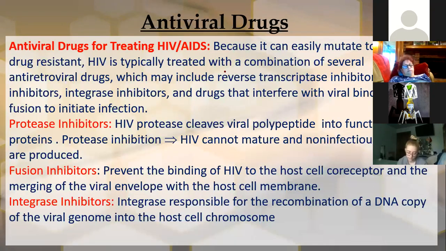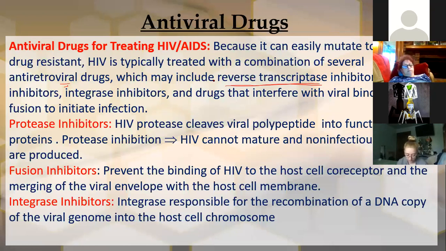Now, antiviral drugs for treating HIV/AIDS, because the virus can easily mutate to become drug resistant, HIV is typically treated with a combination of several antiretroviral drugs, which may include reverse transcriptase inhibitors. That's the enzyme they have, reverse transcriptase, okay.